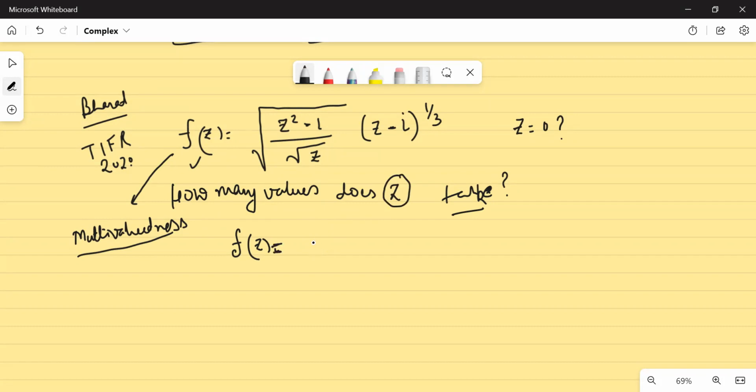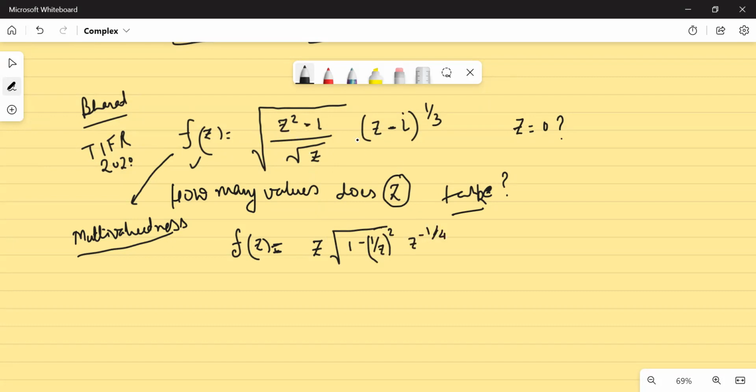For example, is distinct written? Okay, let us try to take the square common. That would give me z minus 1 upon z whole square. Another part would give me z raised to power minus 1 by 4.